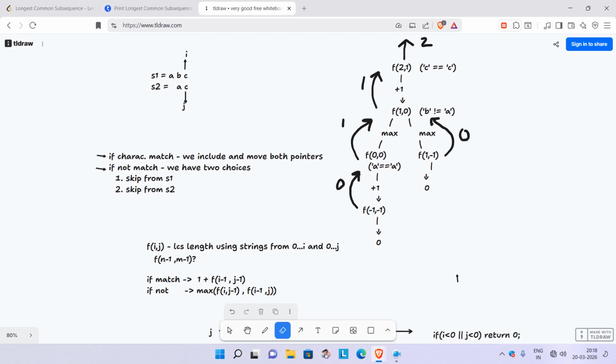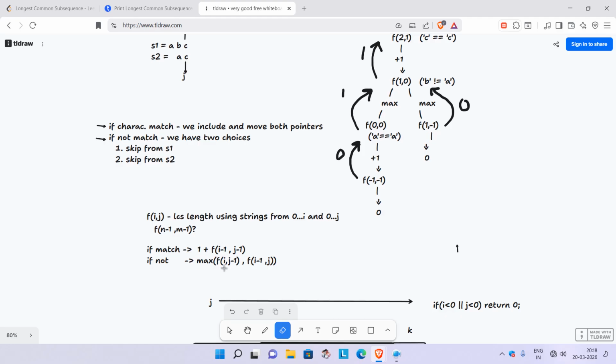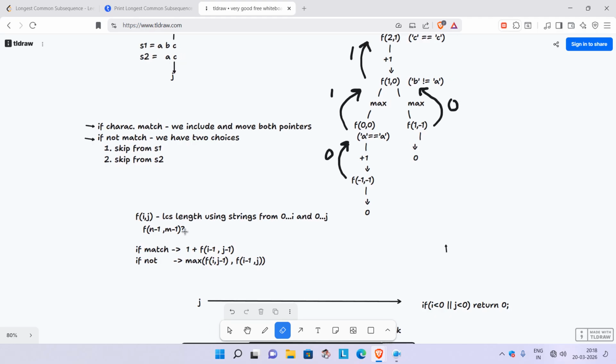In the case of a match, we include that character and move both pointers. If the characters don't match, we have two choices: either skip from s1, moving i minus 1, or skip from s2, moving j minus 1, and whatever is the maximum, we include that. This is my definition of f(i, j), with both conditions.